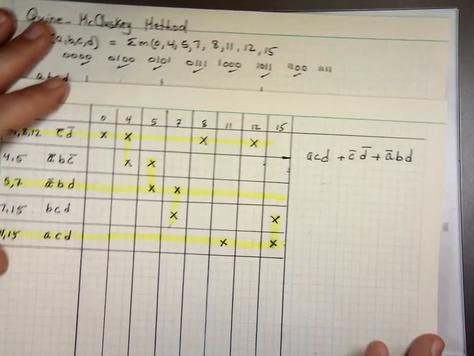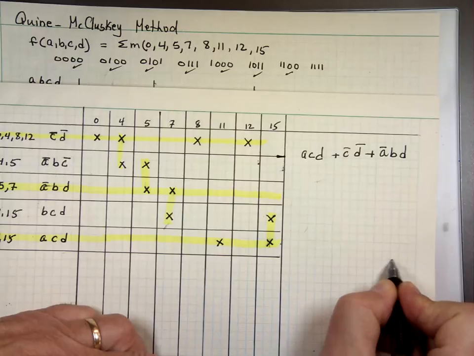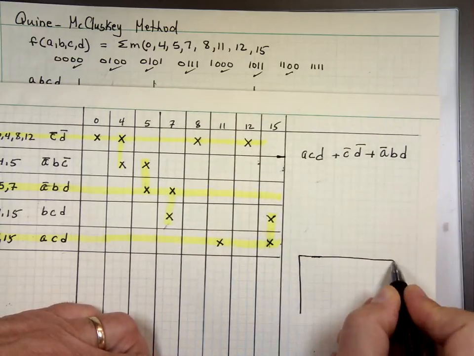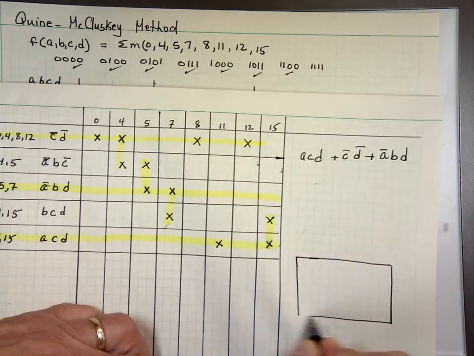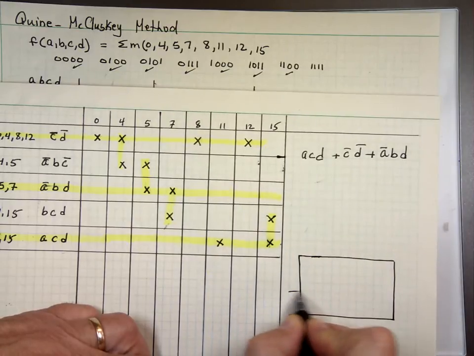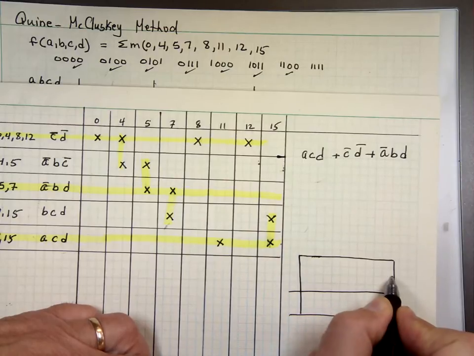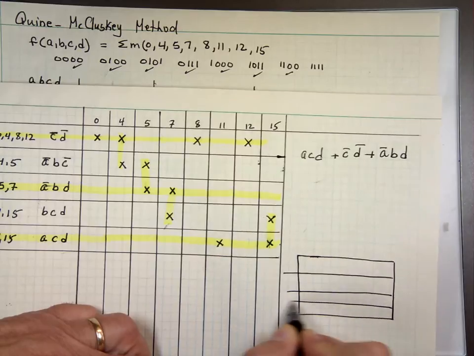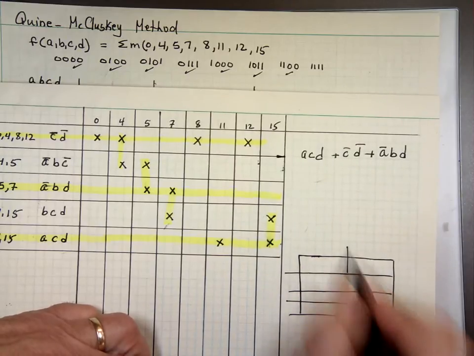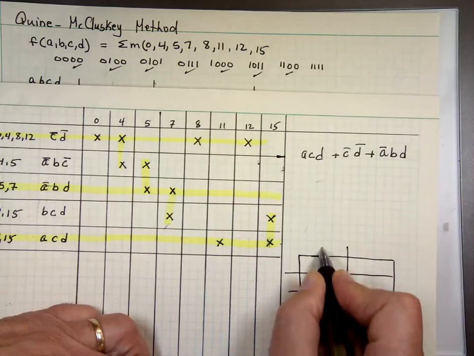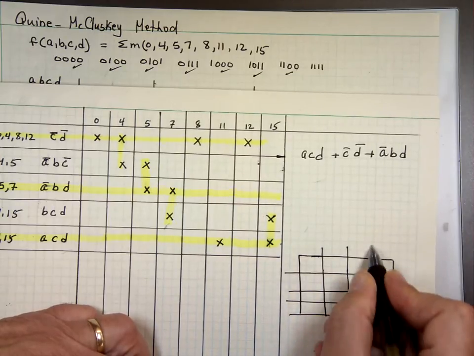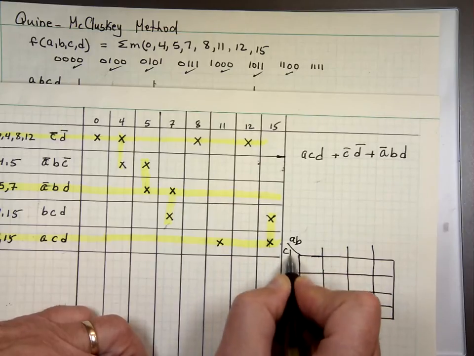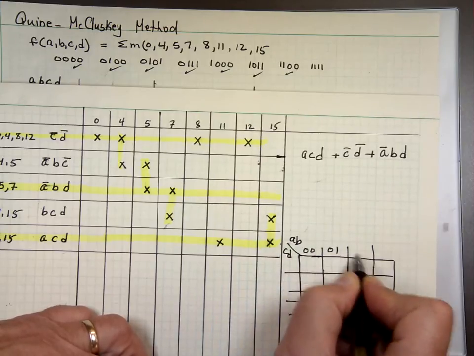Here's my K-map with A, B, C, and D. I want to verify that's true.